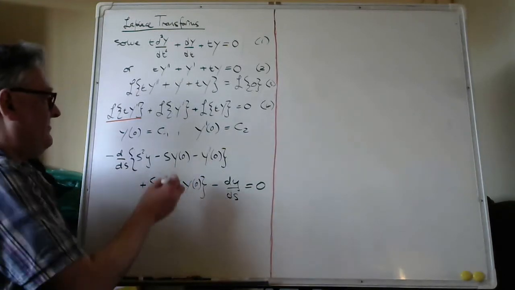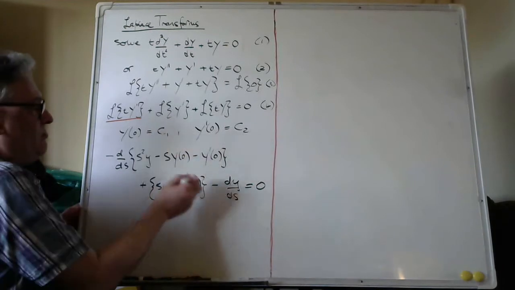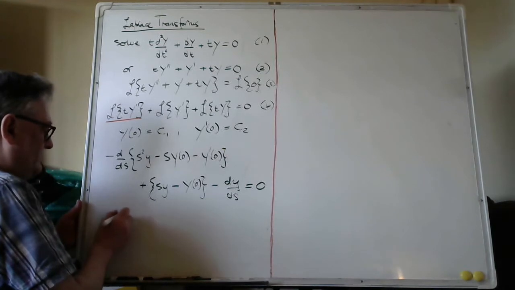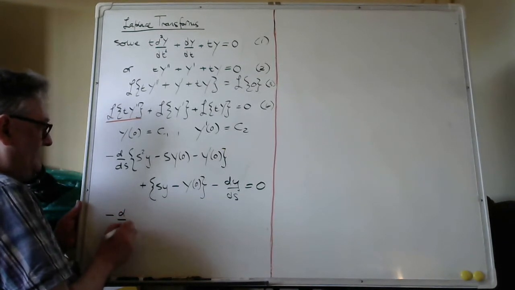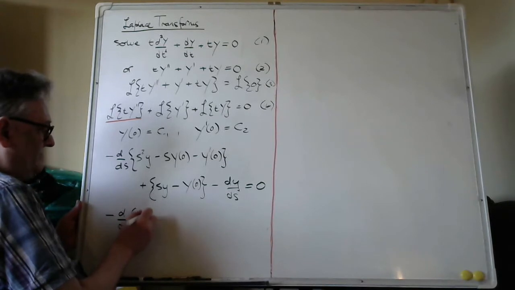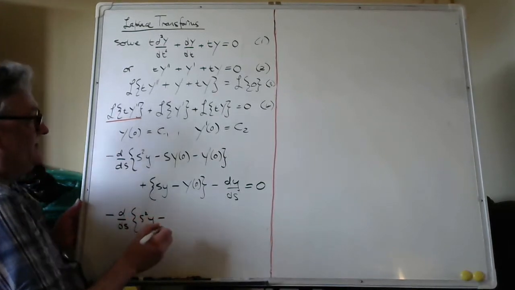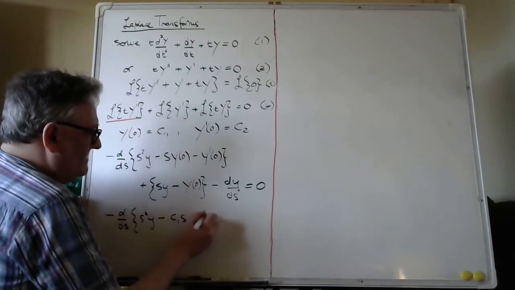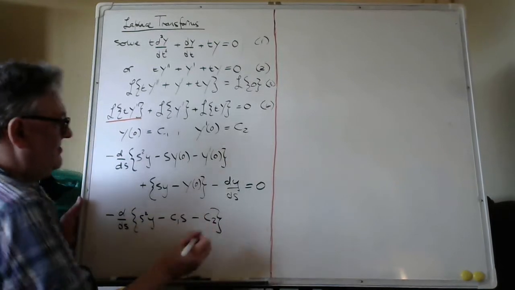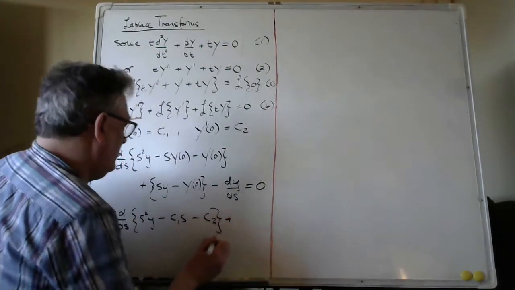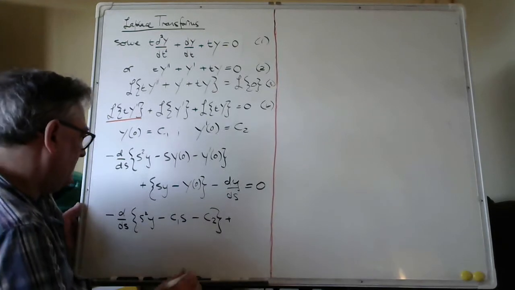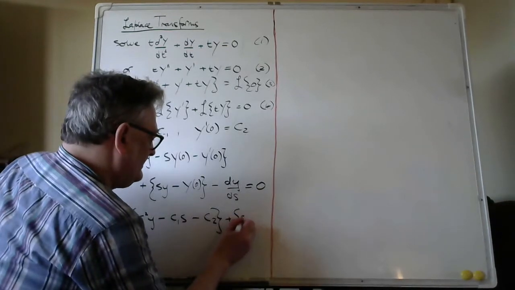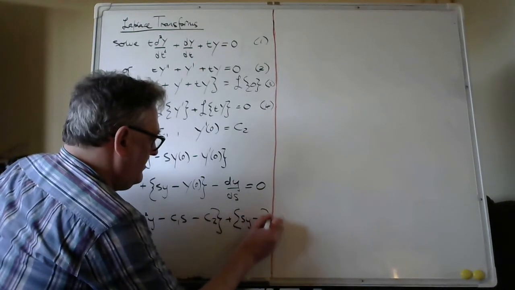Now, we know that y of 0 is equal to c1, and y prime of 0 is equal to c2. So we've got minus d by ds of s squared y minus c1 s, minus c2, plus s y minus c1.